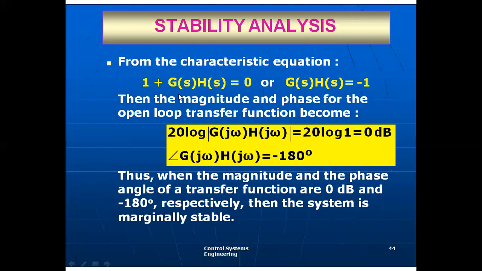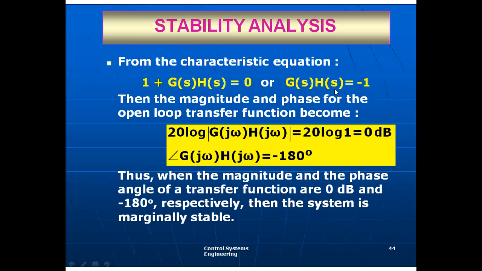For the given closed loop system, the characteristic equation is 1 plus G(s)H(s), which is 0. From this, you can find G(s)H(s) is equal to -1. So G(s)H(s) is the open loop transfer function.